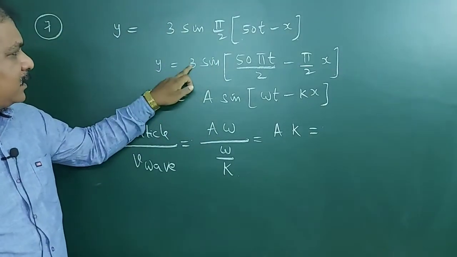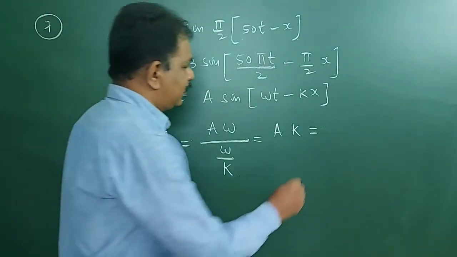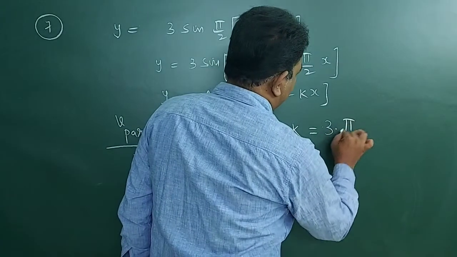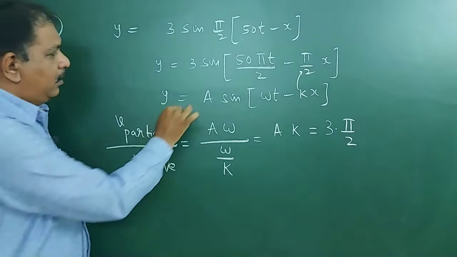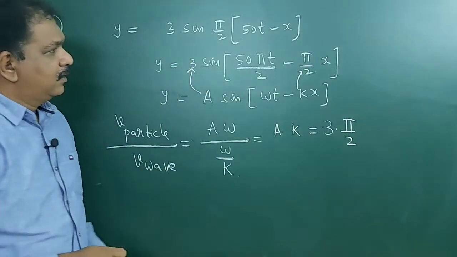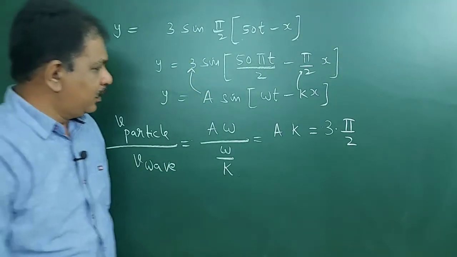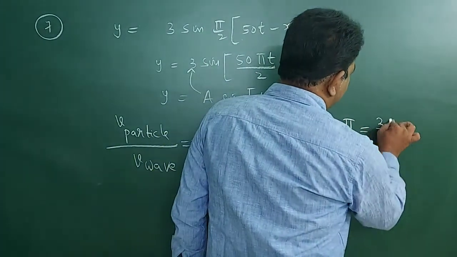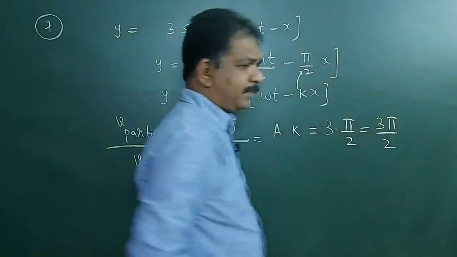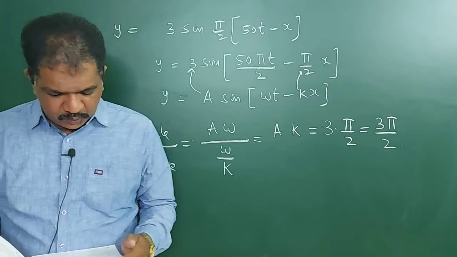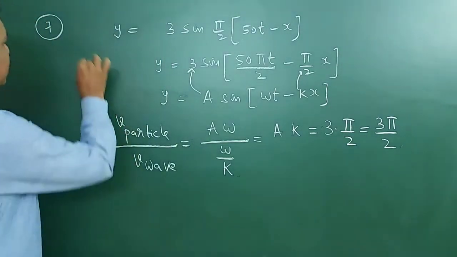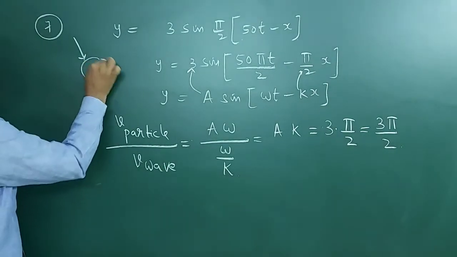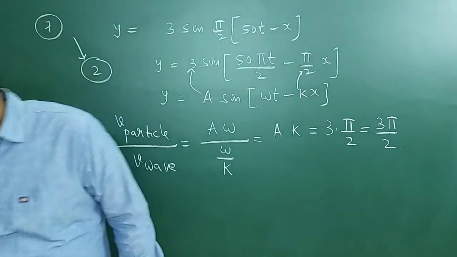Here A is 3, and k is pi by 2. So this ratio will be 3 pi by 2. So 7th question, it will be the second option.